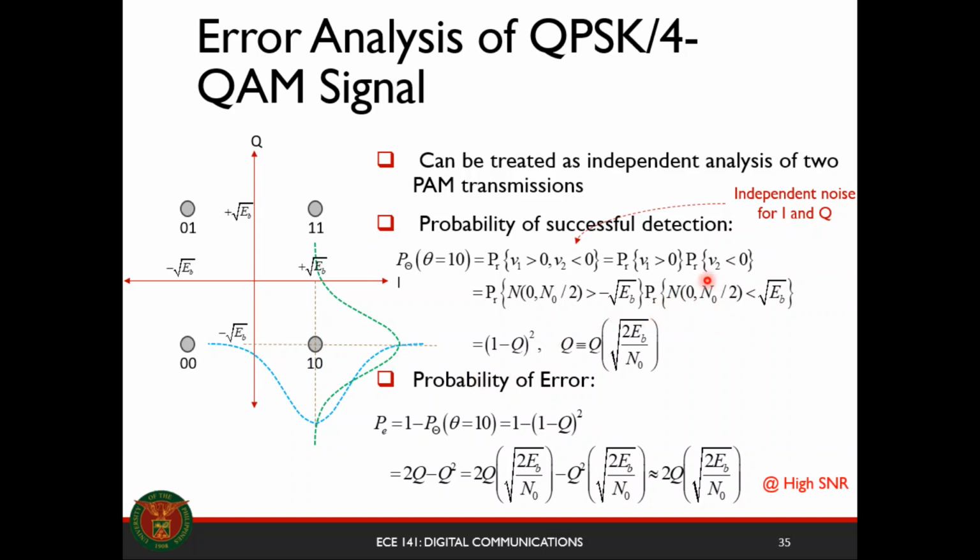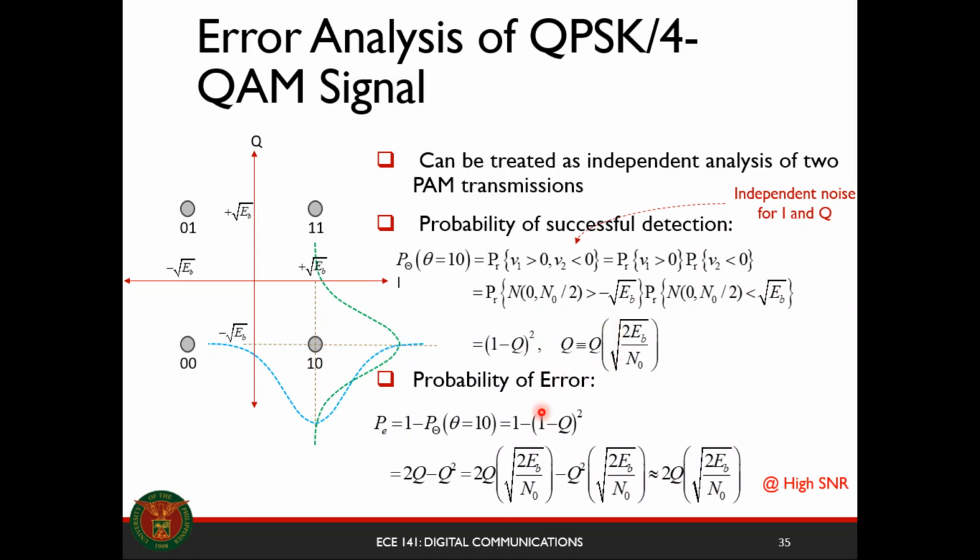And this also represents the probability that your signal crosses over to your I axis. Oh, rather, I apologize for that. It's successful detection. So it's the probability that they don't cross over your I and Q axis respectively. Okay? I hope that's clear. So this results in this equation right here, equal to 1 minus Q squared, where Q is equal to this.